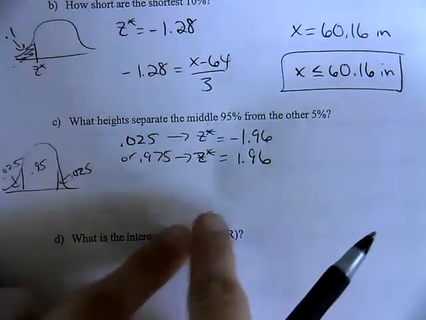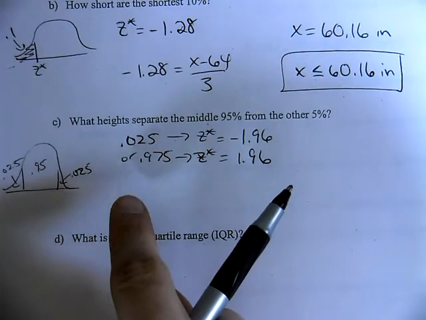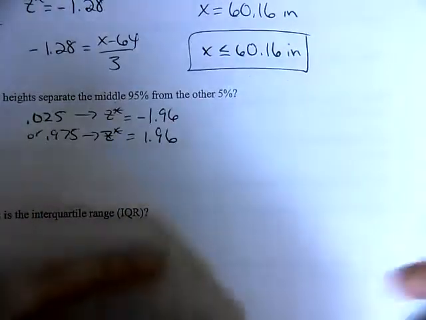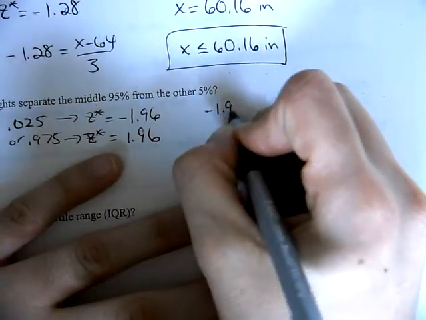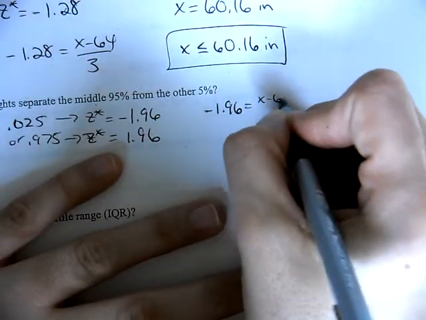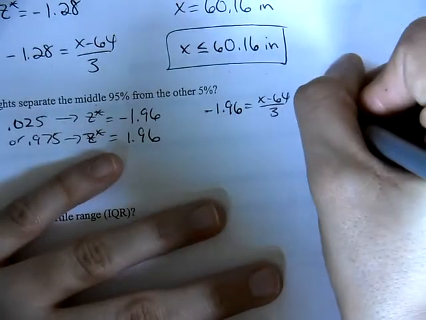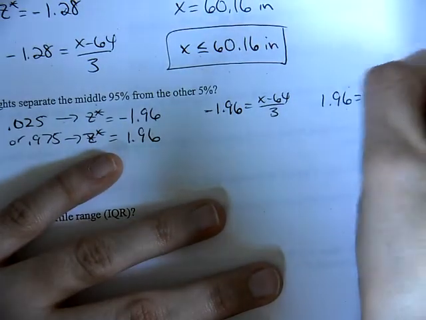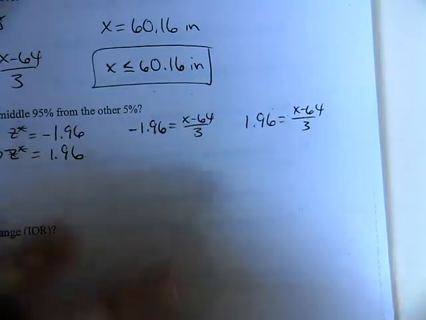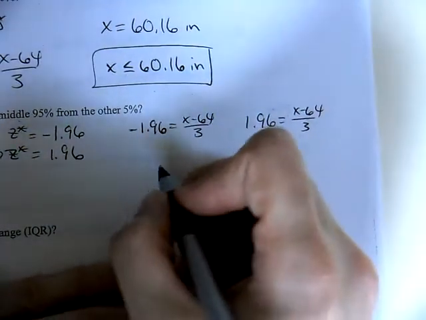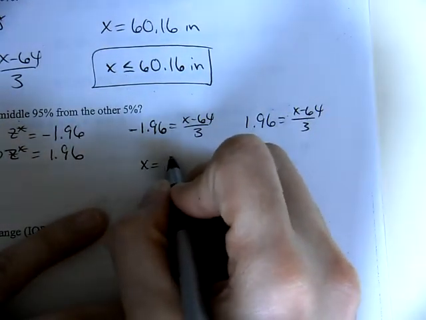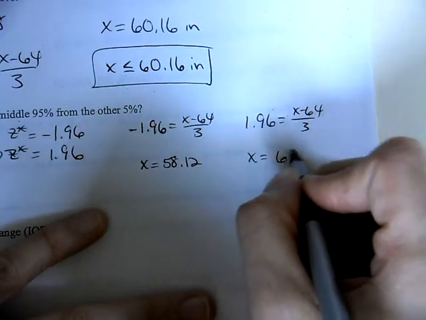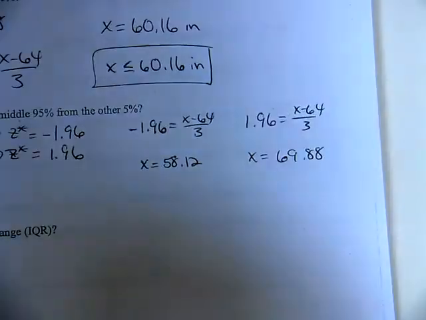So I'm going to make each one of these equal to my Z-score and simplify. Negative 1.96 equals x minus 64 divided by 3, and positive 1.96 equals x minus 64 divided by 3. So then when you solve, in this case x is 58.12, and in this case x is 69.88.